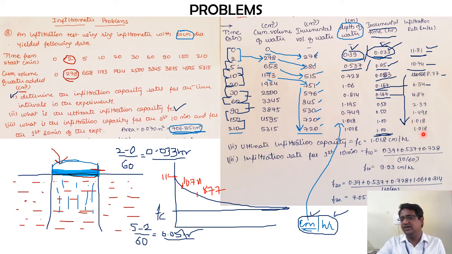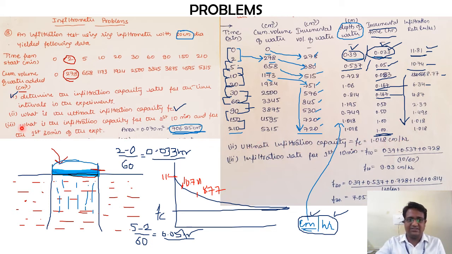So this constant value is the FC that I just mentioned. Even if you continue with the timing, this value is going to remain the same. So this is the answer for the second bit: the ultimate infiltration capacity for this problem is 1.018 centimeters per hour. That is the answer for the second bit of the problem.